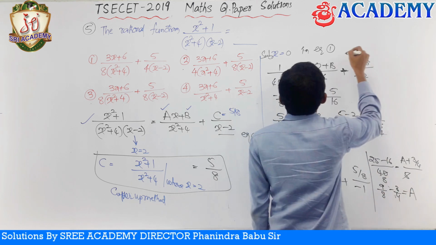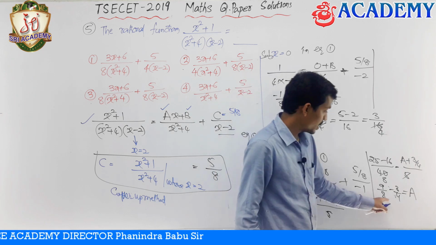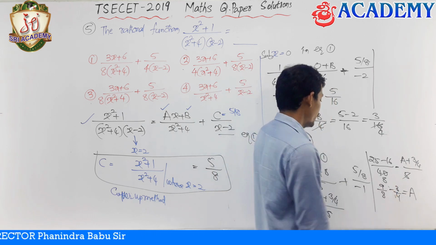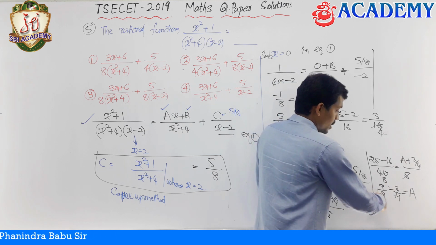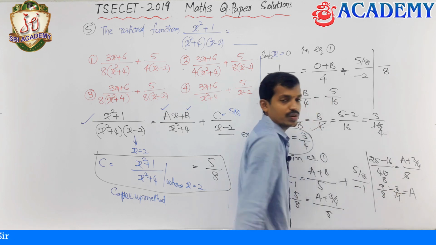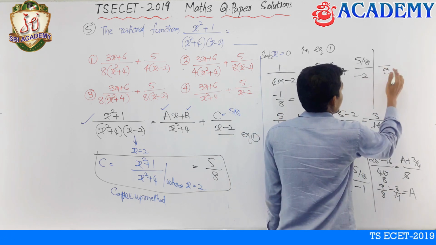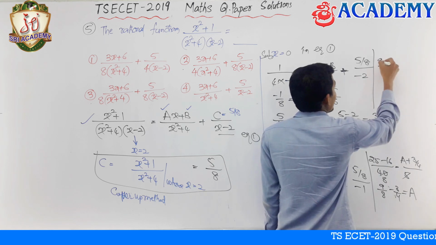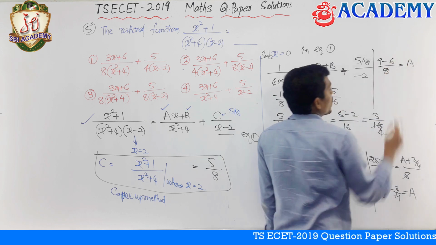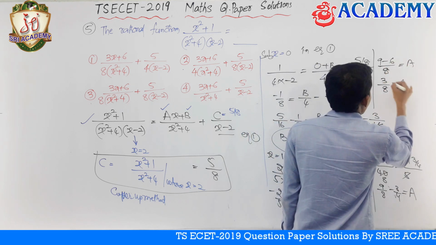If you get the value of a here, I am writing here, that is the a value, indirectly the LCM is going to be 8. 9 minus 6 is nothing but 3. 9 divided by 8, 9 minus 6 equals a, that is 3 by 8 equal to a value.